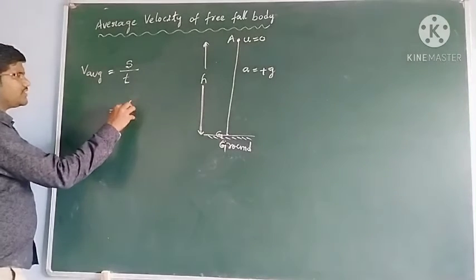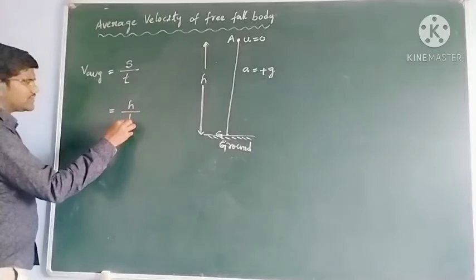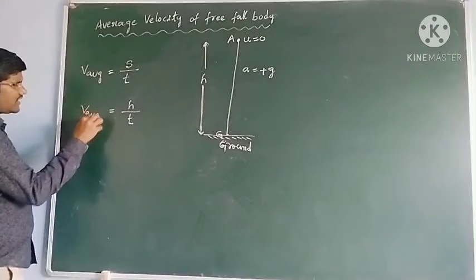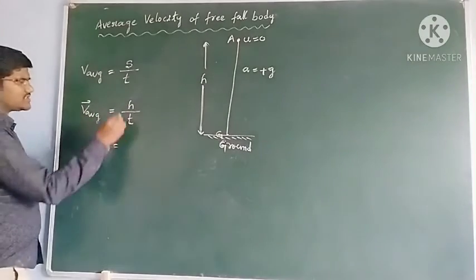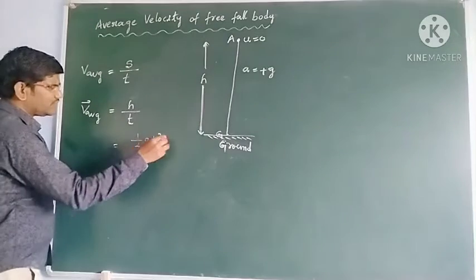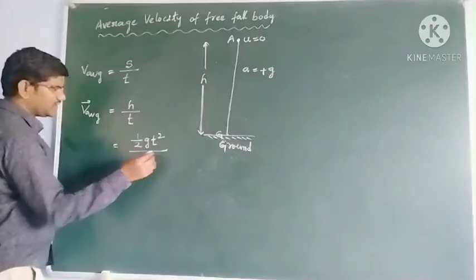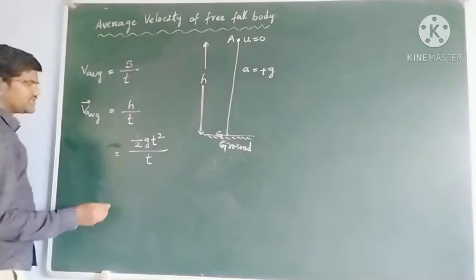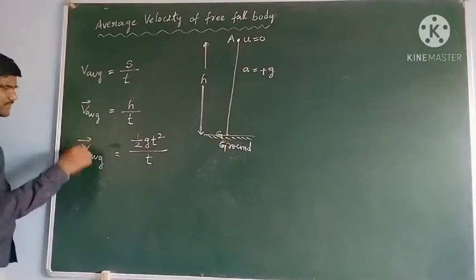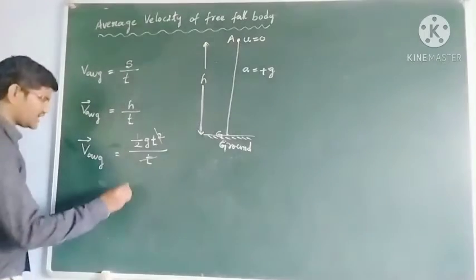Total displacement means you write h, total time means you write t. So you write the average velocity, and this h value will become half gt square by t. So half gt square by t is called the average velocity. Then the t square and t get cancelled.